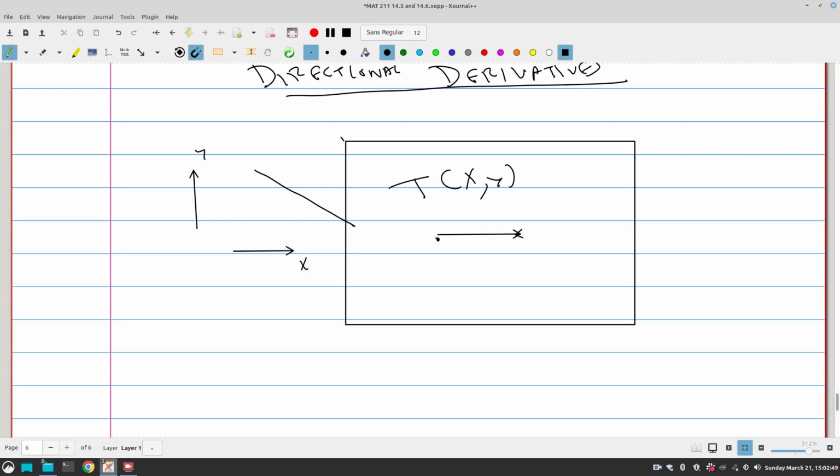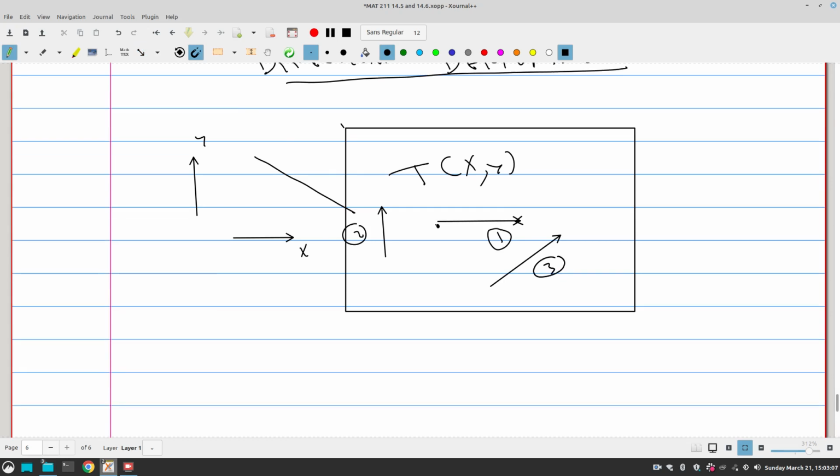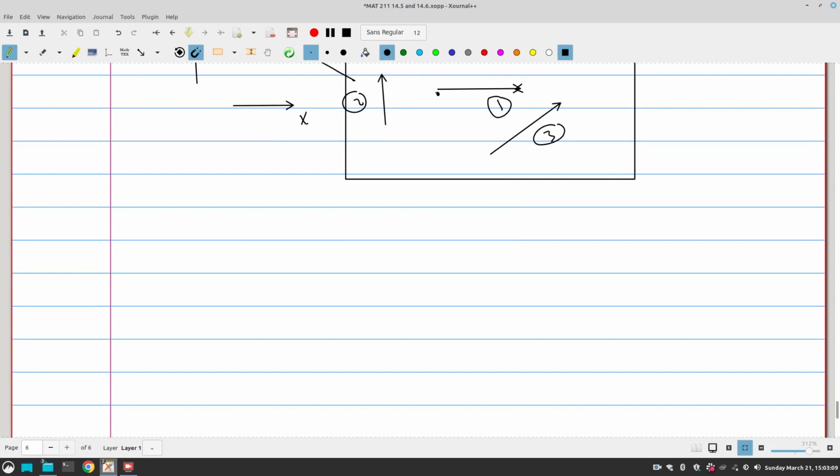let's say this is direction 1, let's say this is direction 2, and let's say this is direction 3. So when you're going along direction 1, right, direction 1 is parallel to the x direction.